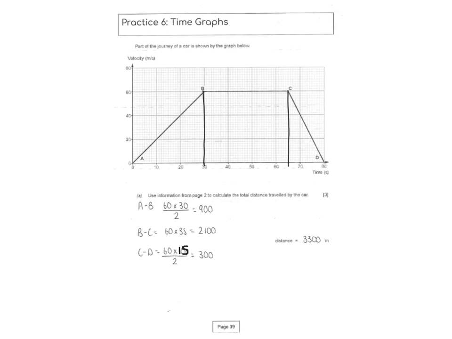I'll do my calculation now quickly. Let me get the calculator. So 60 times 15 divided by 2 is 450. If I add them together, I should get 3,450 metres.